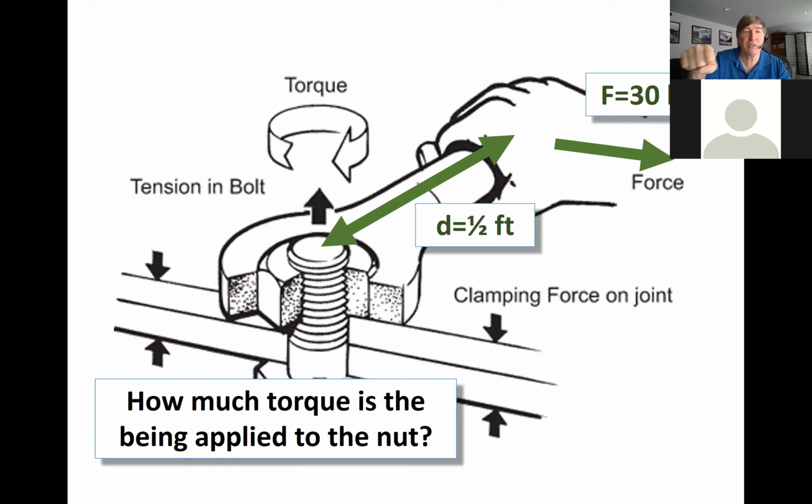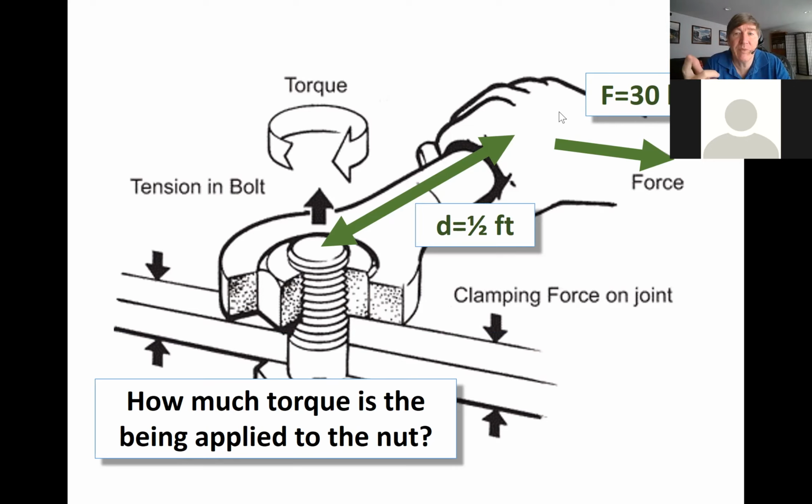I think it's reasonable that an average person would be able to pull with 30 pounds of force. In fact, a lot of people should be able to pull with more. And let's suppose that the handle on the wrench is 6 inches long. We're going to be working in feet, the more standard unit for engineering, so instead of 6 inches, we're going to call it 1/2 of a foot.